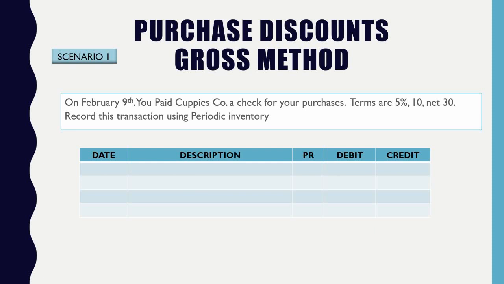So let's take a look at scenario number 1, where let's say, fast forward, it is now February 9th, and you decide to make a payment to Cuppies Co., and you wrote a check to them for the entire purchase, okay? So in this case, because terms were 5/10, net 30, and it is now February 9, did we make the discount period or did we miss the discount period?